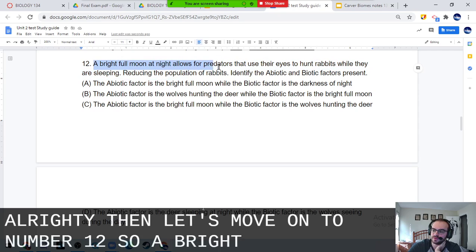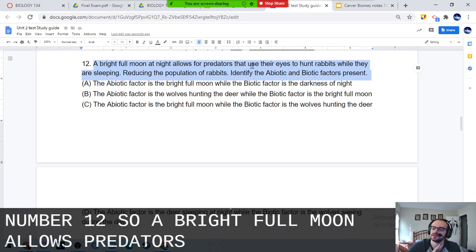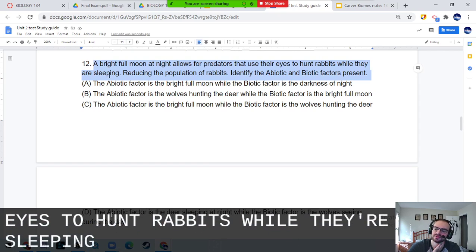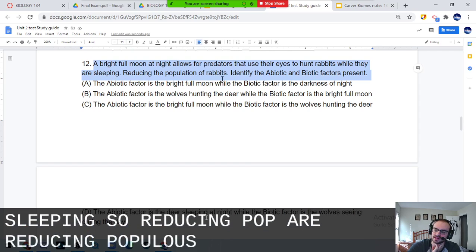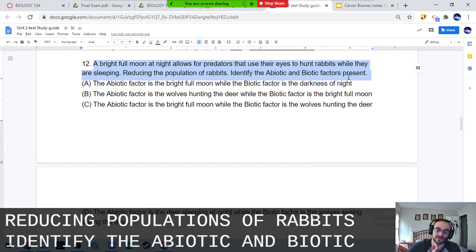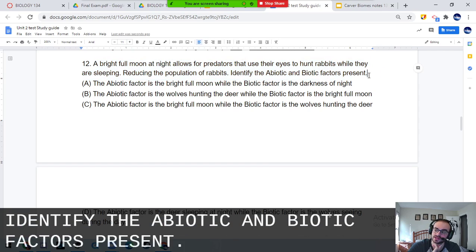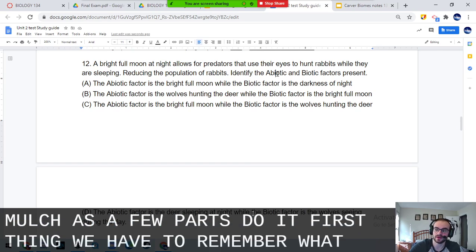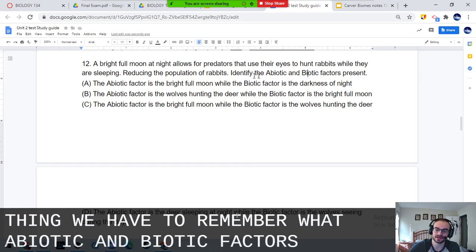So a bright full moon allows predators that use their eyes to hunt rabbits while they are sleeping, so reducing populations of rabbits. Identify the abiotic and biotic factors present. Now this question has a few parts to it. First thing, we have to remember what abiotic and biotic factors are.